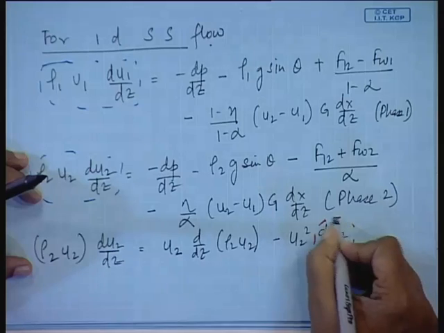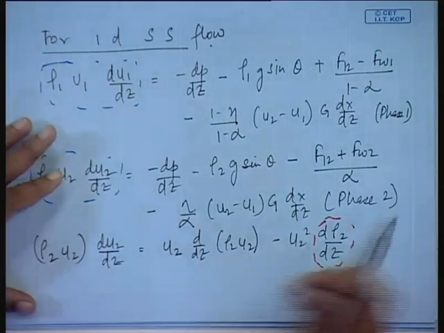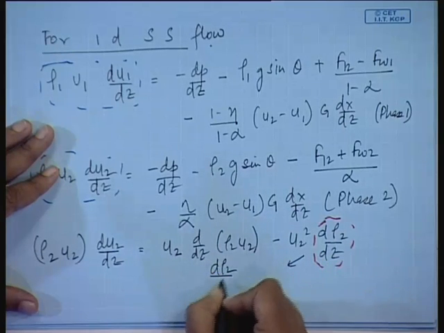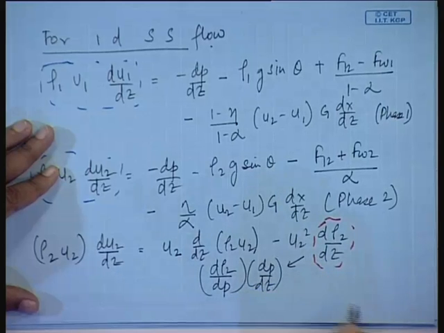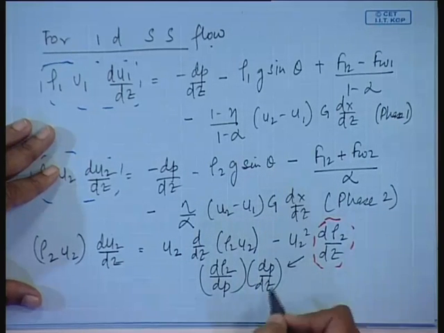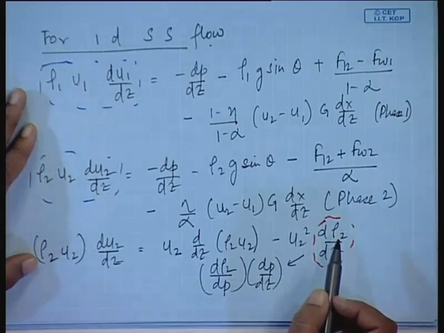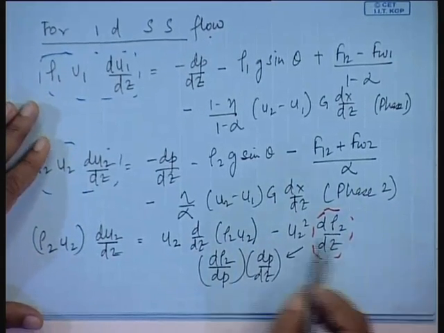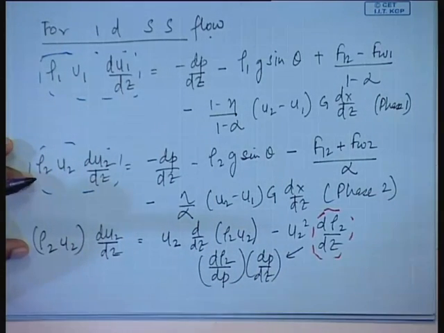Now, if you observe this particular term, this is nothing but d rho 2 dp into dp dz, yes or no? So, again we get a dp dz dependence on one particular side, on the left hand or the right hand side, whatever the case may be. Agreed? And now what is d rho 2 dp again? Just now I had derived what is d rho 2 dp.